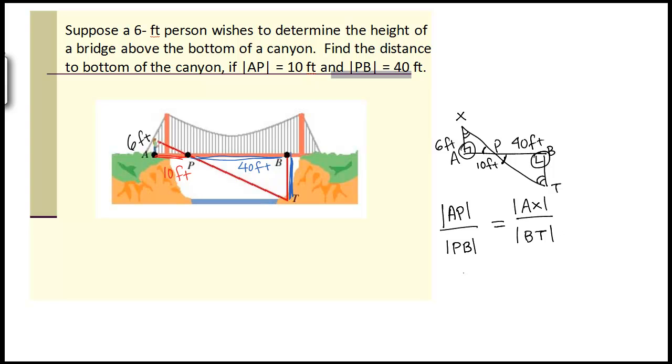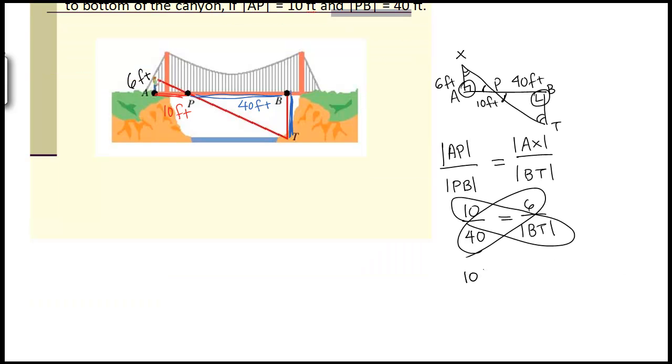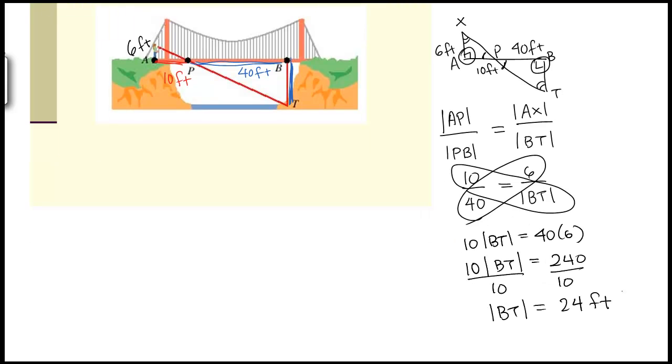Plug in what you know. AP is 10, PB is 40. The height of the person, AX, is 6. And the depth of the canyon is the unknown, so I'm going to just leave it as BT. Go ahead and cross multiply and divide by 10. So the depth of the canyon should be 24 feet.